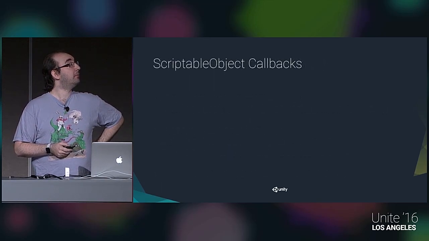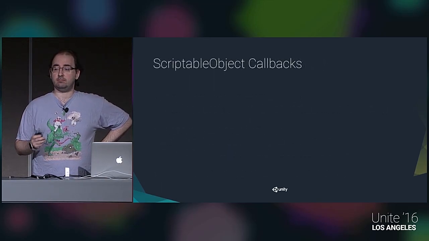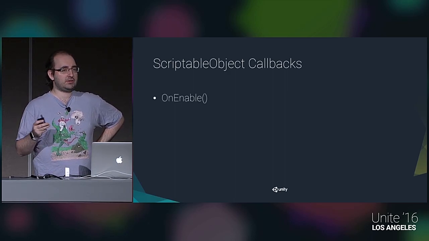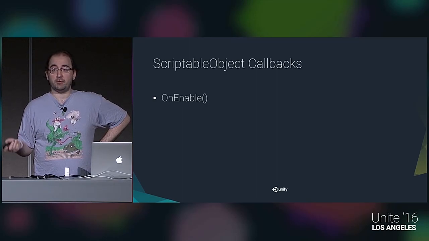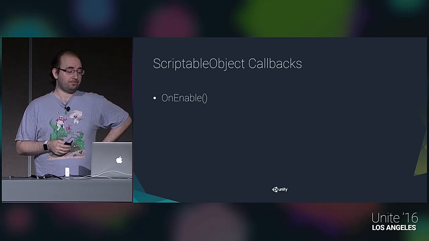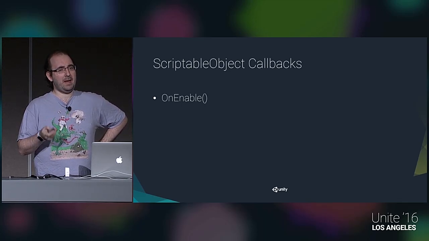So the callbacks that ScriptableObject gets, this is going to be a very short slide. Firstly, we get OnEnable, and we get this when the ScriptableObject is first created, so before CreateInstance returns, or we get it when the object is loaded. We also get it after a domain reload.